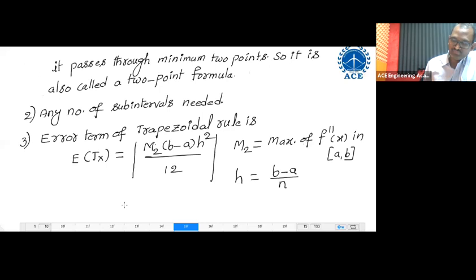Look here, error term containing M2. M2 means what? M2 contains the double derivative. So the error order is 2, because the error term contains the double derivative.